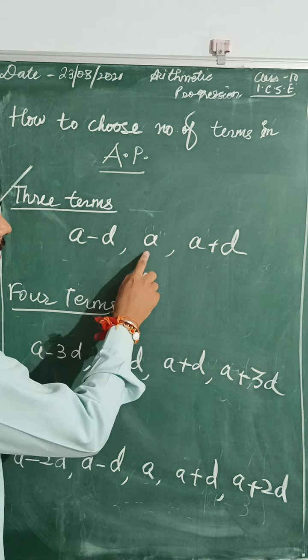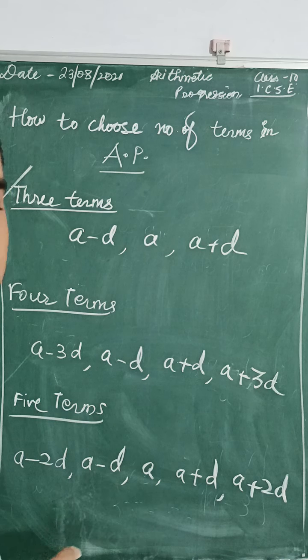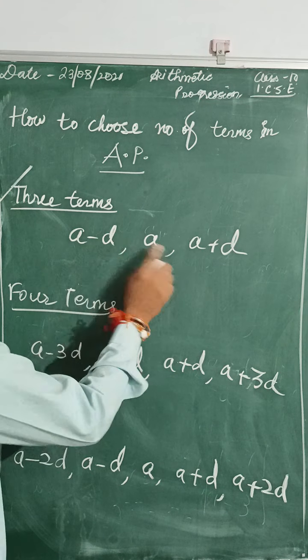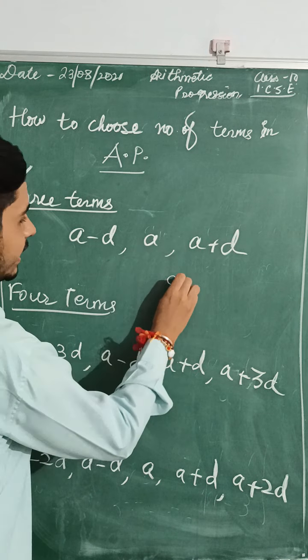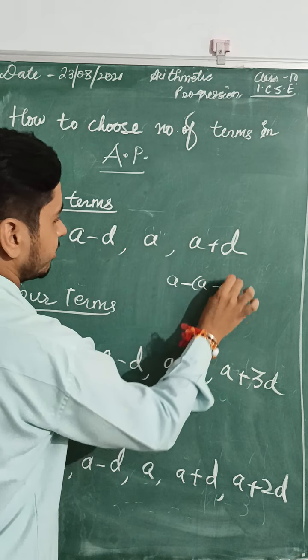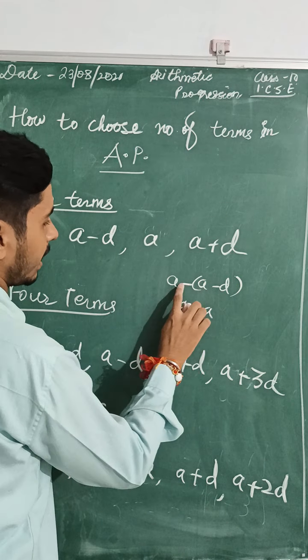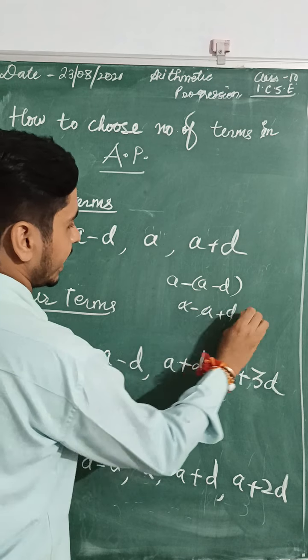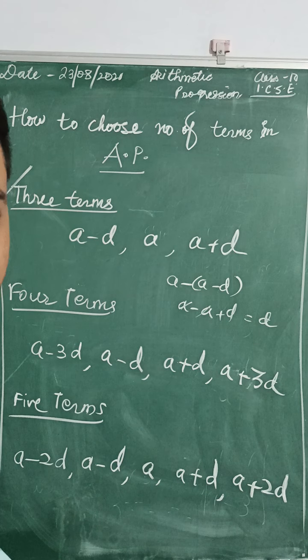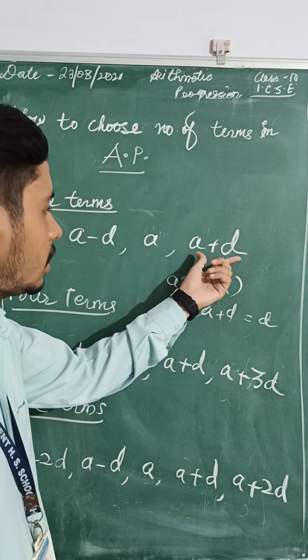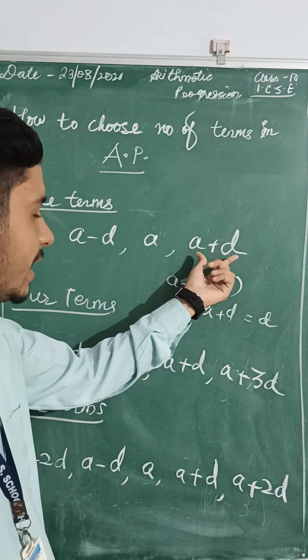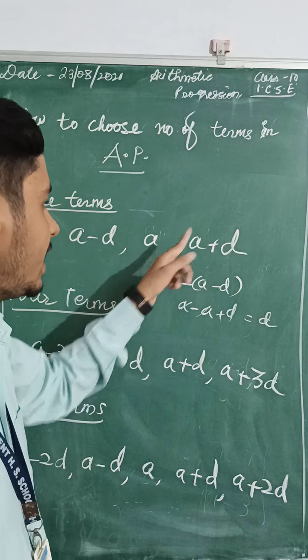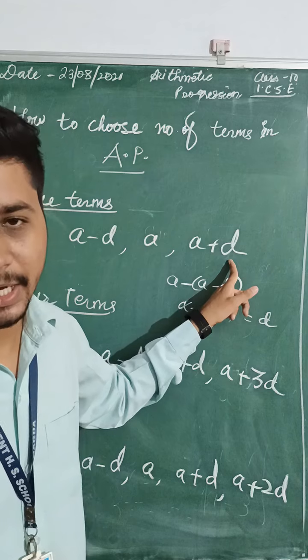If you take the common difference, you will get the same. What will be the common difference of this progression? Second term minus first term, so a minus (a minus d), the a's cancel, and we get d as the answer. If you take the third term minus the second term, so a plus d minus a, the a's cancel, and we get d as the answer.